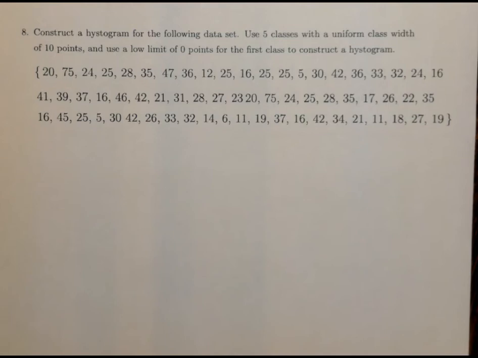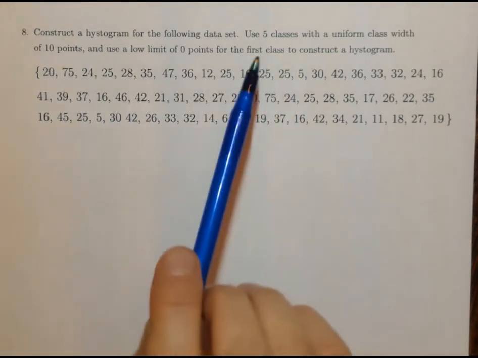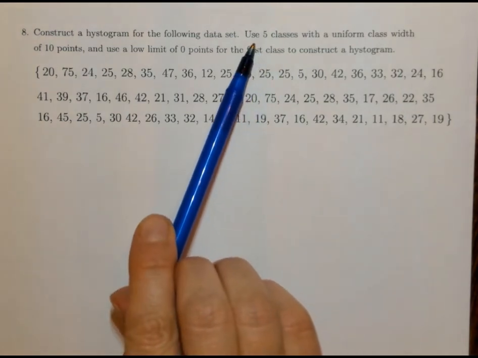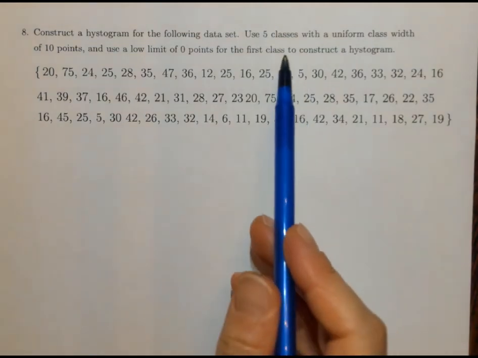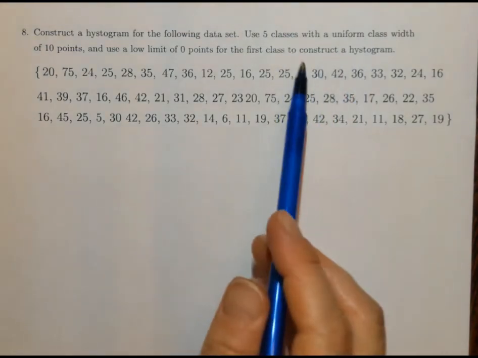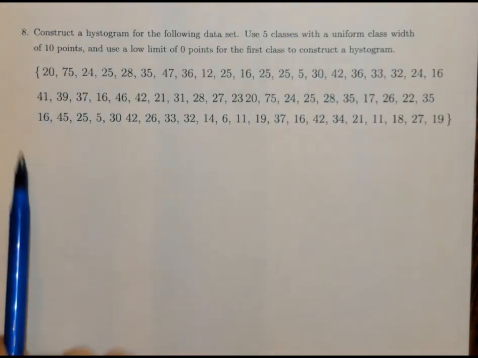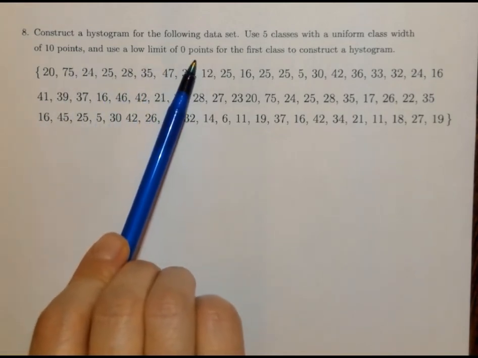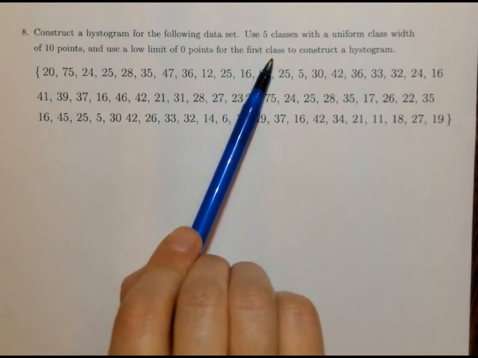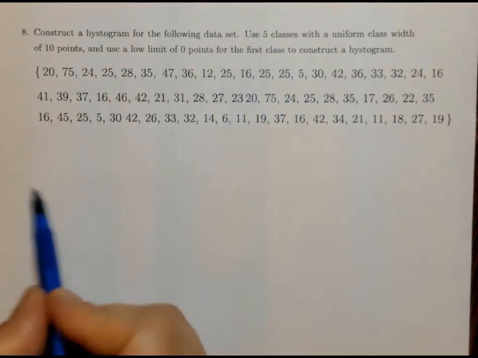Another interesting problem, it's very simple. We just have to construct a histogram for this data set. So we will divide these numbers into 5 classes with a uniform class width of 10 points, using the lower limit of 0 points for the first class.